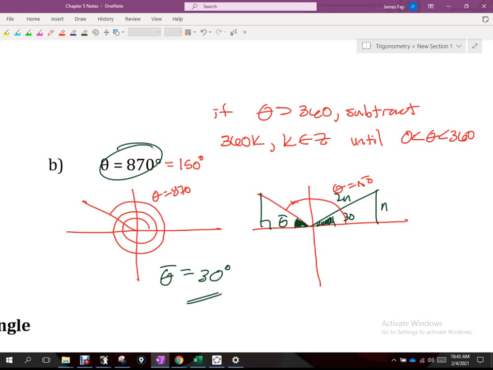1/2. Sine of 870 then must be what? 1/2. 870 stops in the second quadrant, right? All Students Take Calculus. Sine is y divided by r. What would be the y value of a point on this right here? Wouldn't that be positive? So sine is positive. Those letters are telling you which ones are positive in those quadrants.